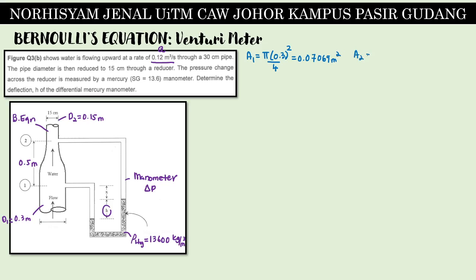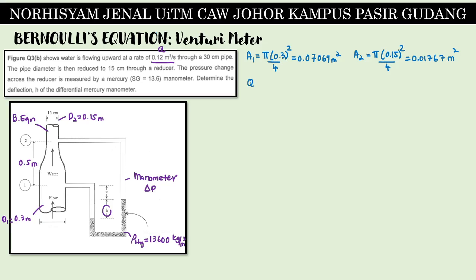A2 should be equal to pi 0.15 square over 4, and it is equal to 0.01767 meter square.